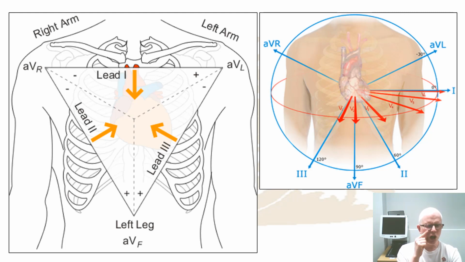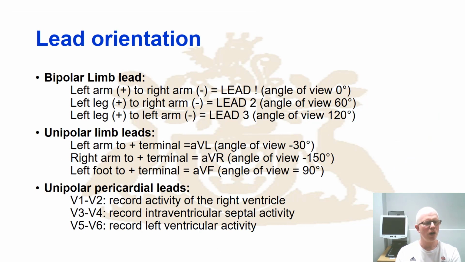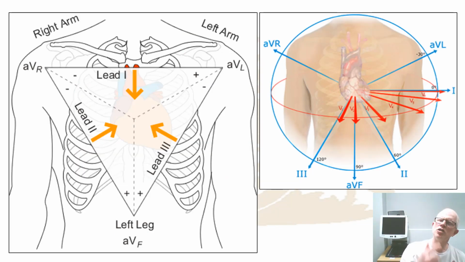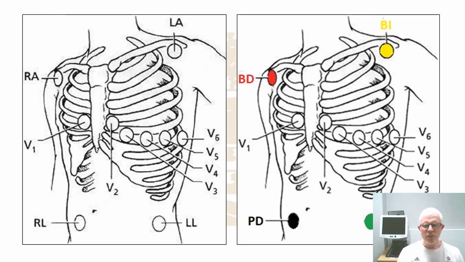The left-hand panel shows you quite clearly the positive and the negative charges, particularly for our unipolar and our bipolar leads. The unipolar pericardial leads are in essence just recording the activity at the heart. They're not creating an electrical circuit, almost. Here we can see a little bit more detail, and you can start to see the placement.